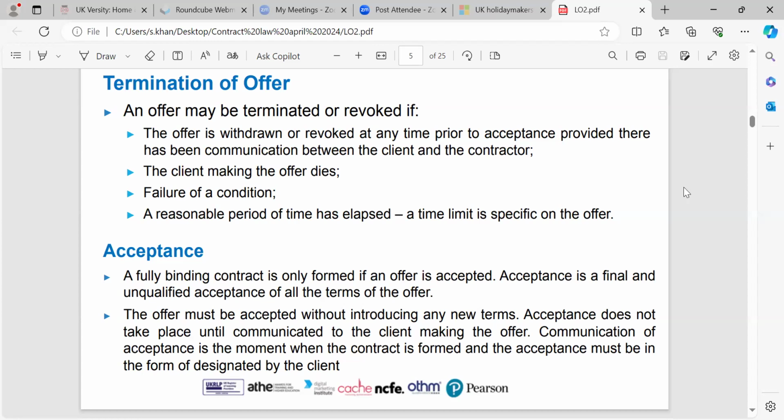Another really famous case in regards to this was Carlill v Carbolic Smoke Ball Company, 1893, where a newspaper advert placed by the defendant stated: £100 reward will be paid by the Carbolic Smoke Ball Company to any person who contracts the influenza after having used the ball three times daily for two weeks according to the printed directions supplied with each ball. £1,000 is deposited with the Alliance Bank, showing our sincerity in the matter.